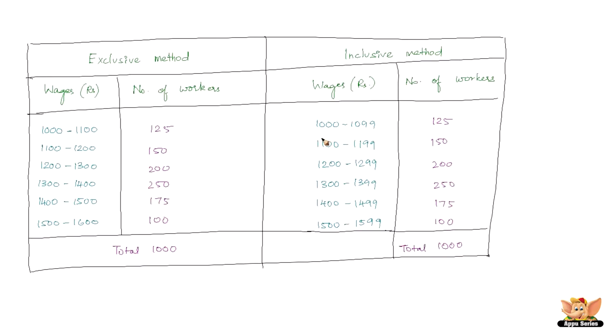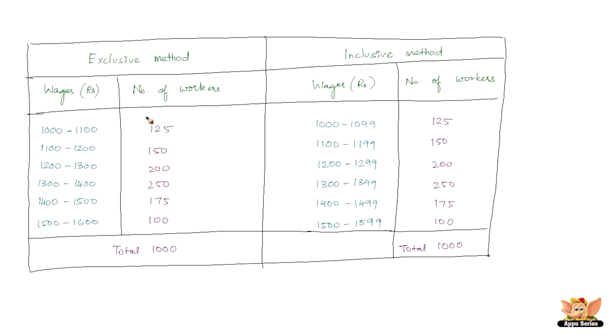Whenever the inclusive method is used, it is necessary to make an adjustment to determine the correct class intervals and to have continuity. So if a minus b is a class in the inclusive method, then in the exclusive method, it becomes a minus h by 2 to b plus h by 2, where h is equal to the lower limit of the class minus the upper limit of the previous class, divided by 2.